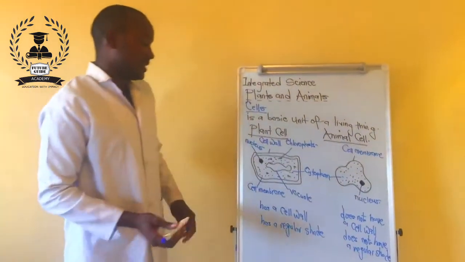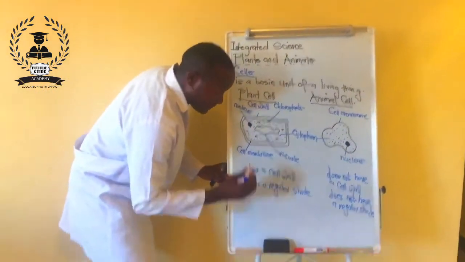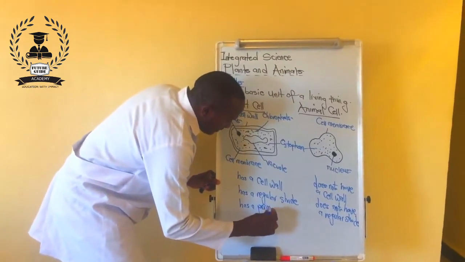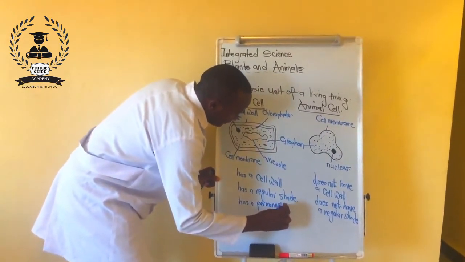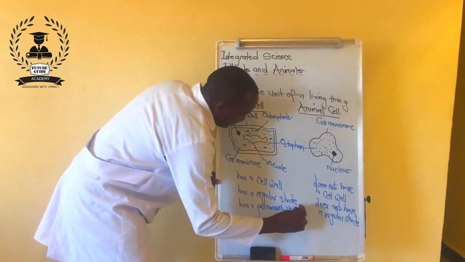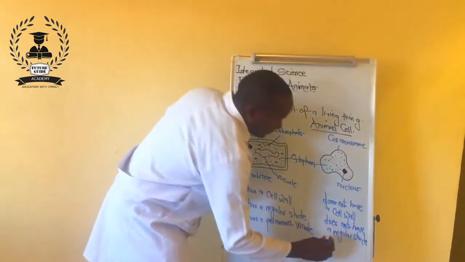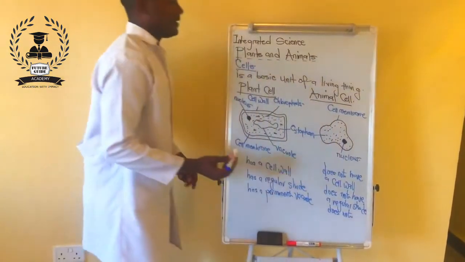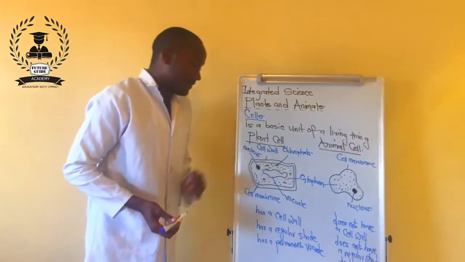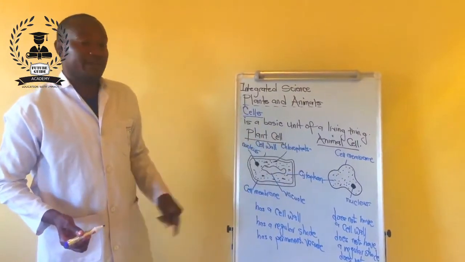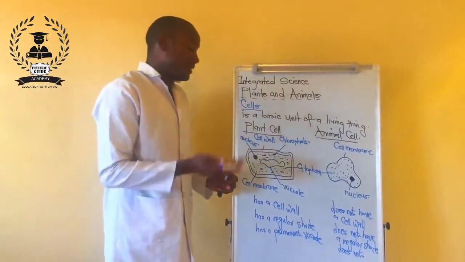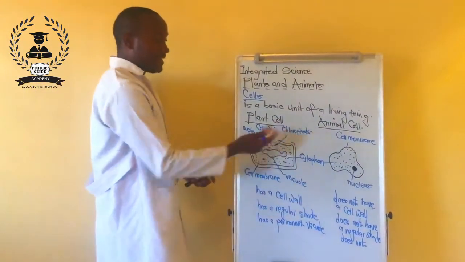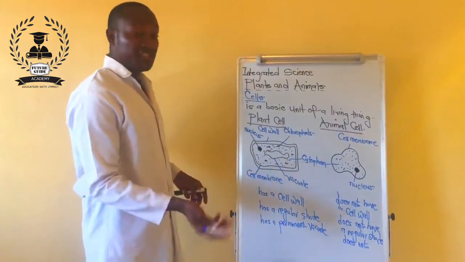Another difference also is that a plant cell has a permanent vacuole, whilst an animal cell does not have a permanent vacuole. Apart from that one, you've noticed that a plant cell has chloroplasts, the ones that make a plant look green. Animal cells don't have that, because if they had, they would all be looking greenish.